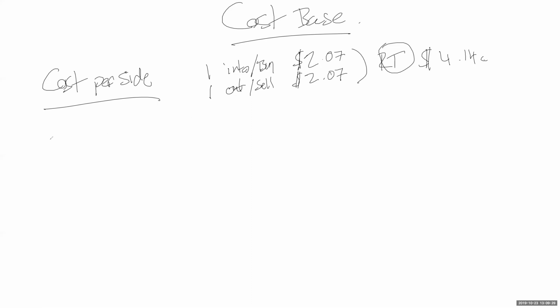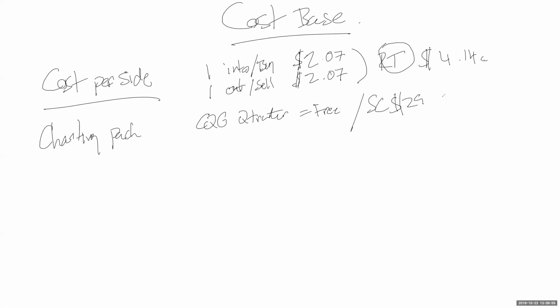So then we have on top of that your charting package. Now, in some cases, this is free, like CQG QTrader is free. Sierra Chart is about, I think, $29 per month.